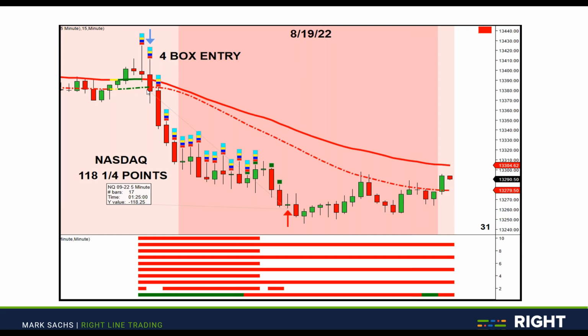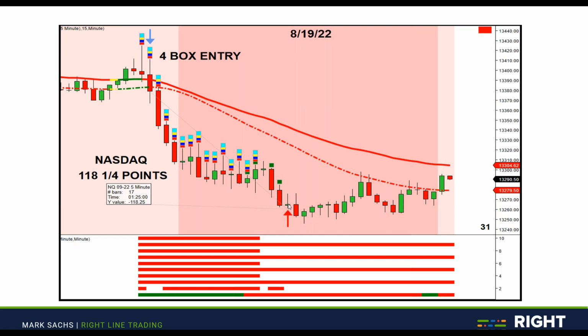You've got the Russell, and you've got the NYSE right here. And you can see you get a tremendous push to the downside. That's a 118 tick trade.